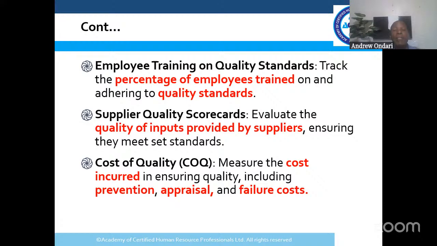All these require money. So when you measure the cost of maintaining quality vis-a-vis the results, you should be able to tell whether those quality standards are paying dividends.